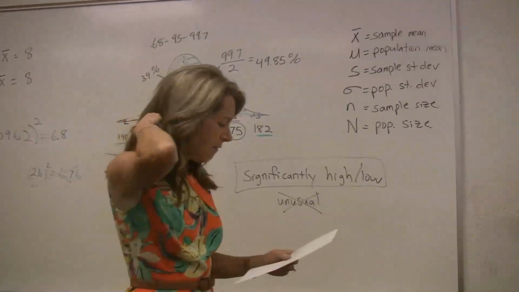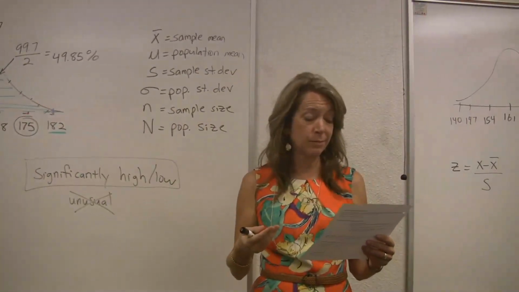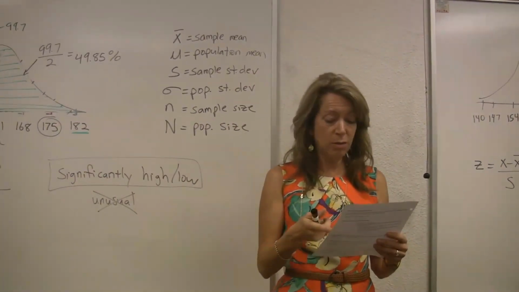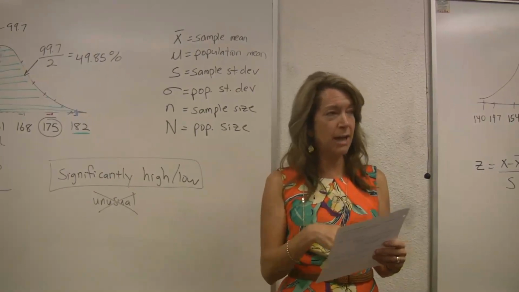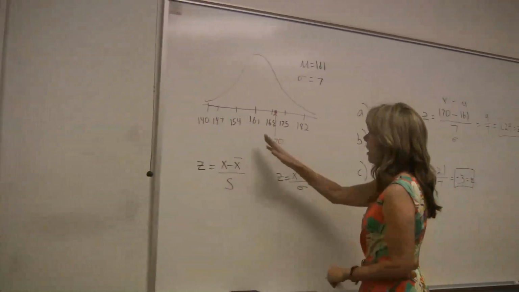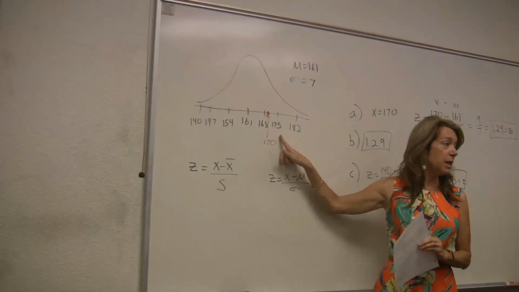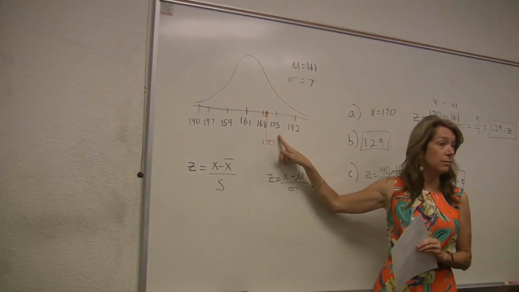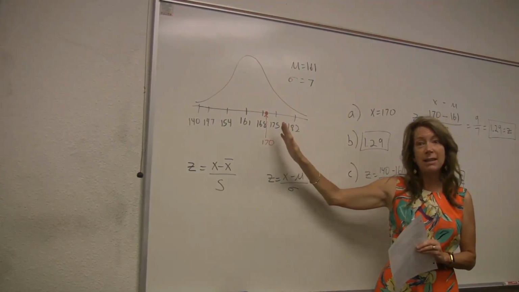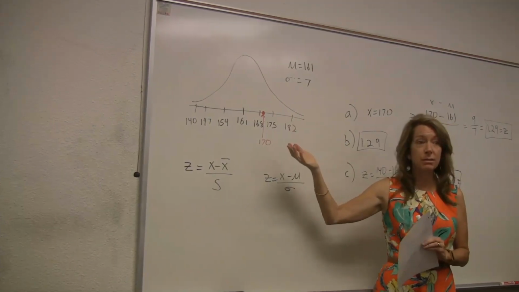So it says here that values more than 2 standard deviations from the mean are unusual: less than -2, or higher than +2. Let's talk about what that means here. 175 is 2 steps above the mean. Any height larger than that is a significantly high height for a woman.